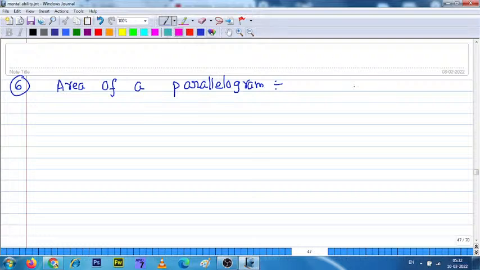So for example, let us take a figure like this. This is a parallelogram. Opposite sides are parallel and equal.